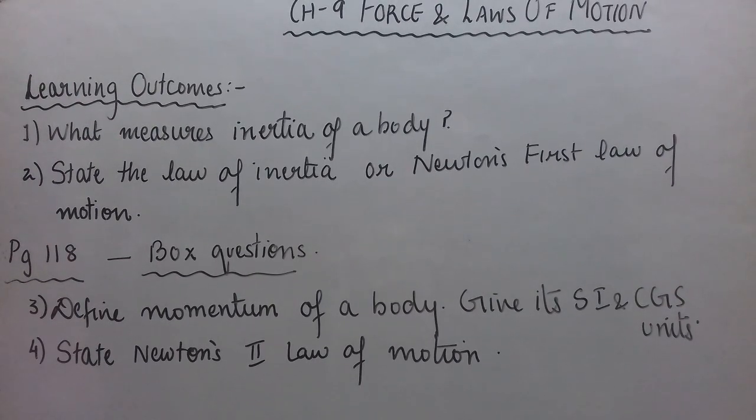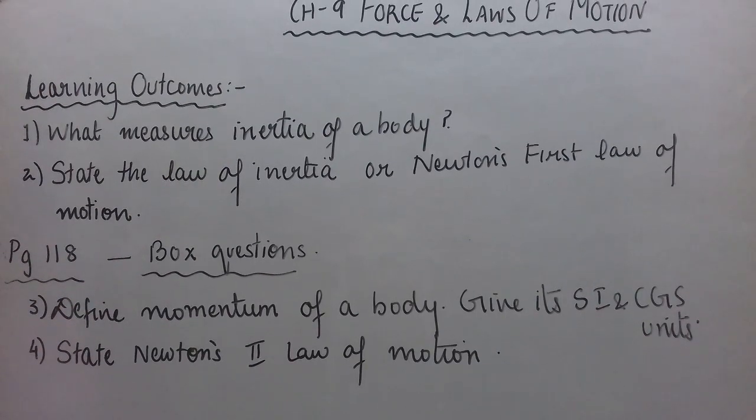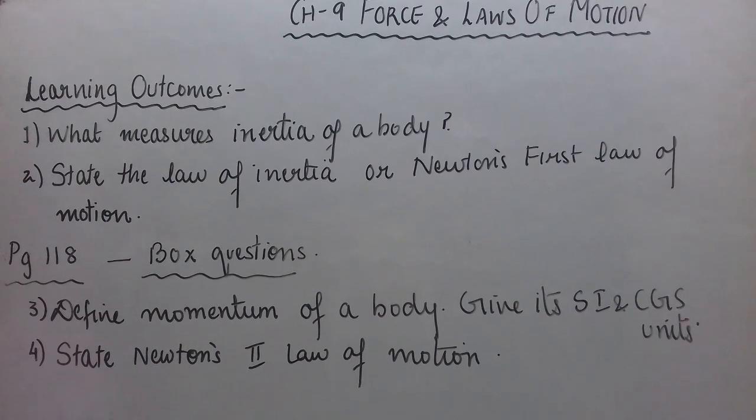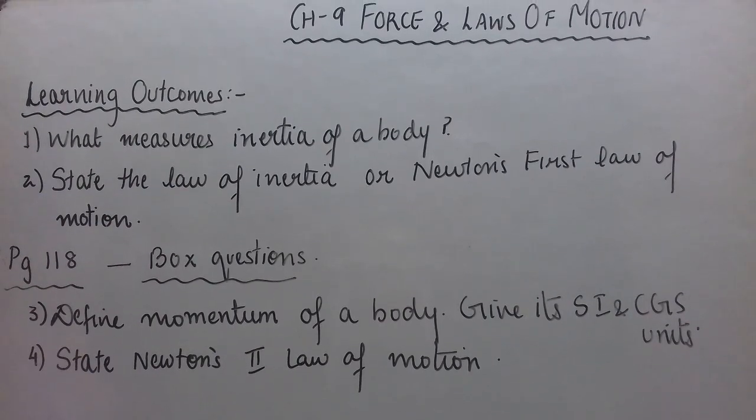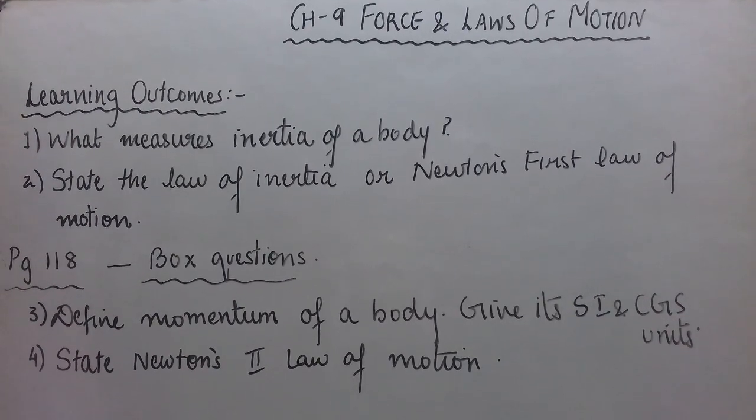Because of this inertia, a body which is at rest wants to remain at rest. A body which is in uniform motion along a straight line wants to remain in the same state of uniform motion, that is, wants to maintain the same speed and same direction of motion if no force is applied on it.